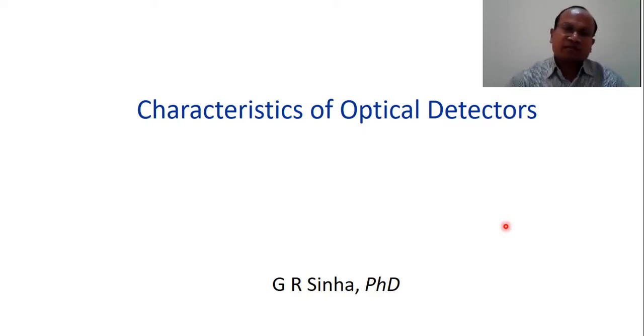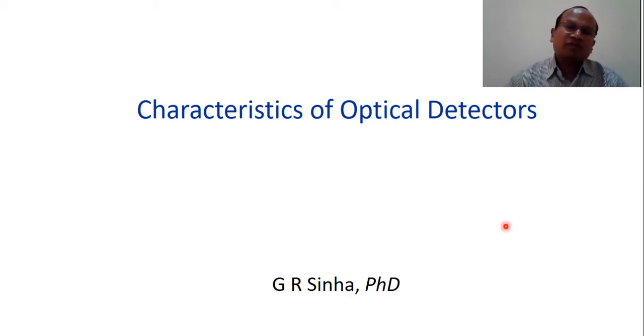So the optical detectors are classified, and we also evaluate on the basis of some parameters that this optical detector performs better than other optical detectors. And there are some criteria upon which the classification and the quality of optical detectors are based.